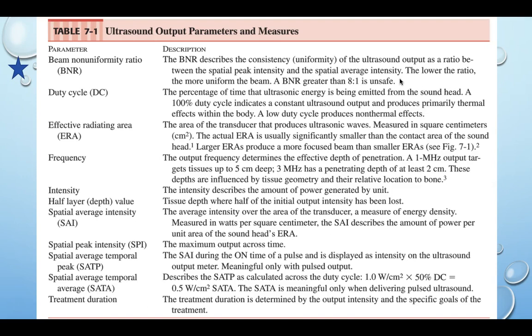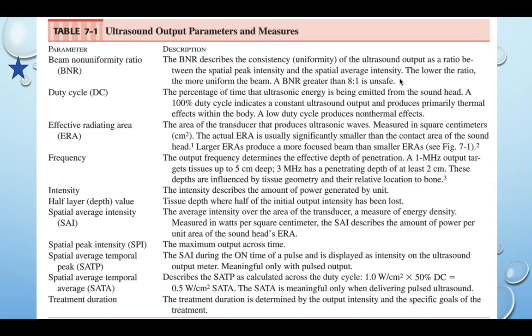What's really happening is we get these peaks and valleys. In some places, we're going to have a little piece of that beam that's much higher than what we have set on the machine, and in some places that beam is going to be much lower than what we have set for our intensity.